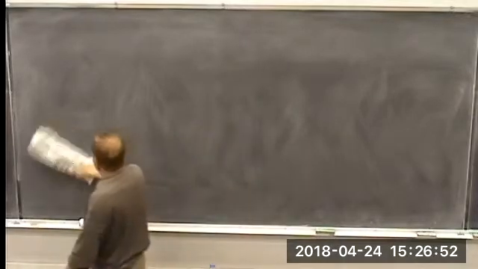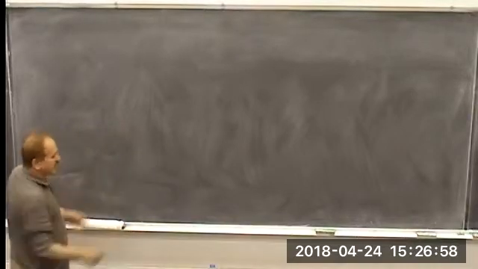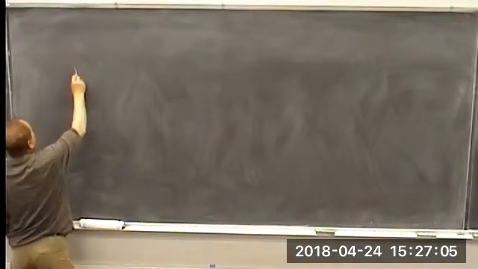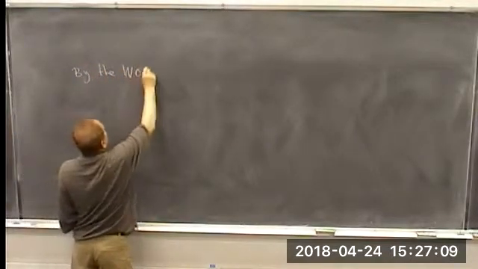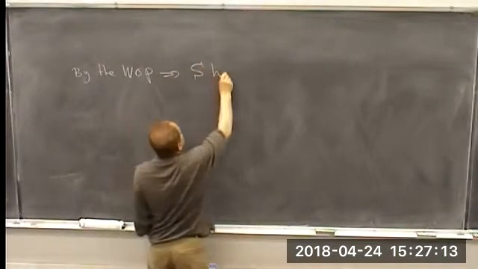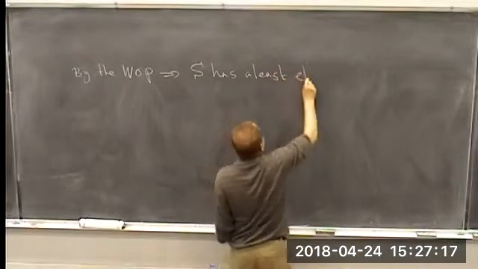We don't know the fundamental theorem of arithmetic applies here. We actually want to use this to prove that. So we know that that's a prime factor, but we don't have that yet. By the well-ordering principle, S has a least element.